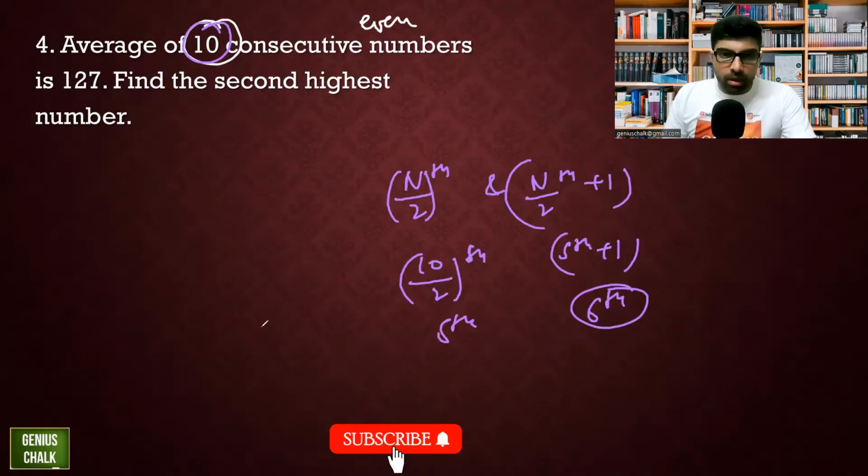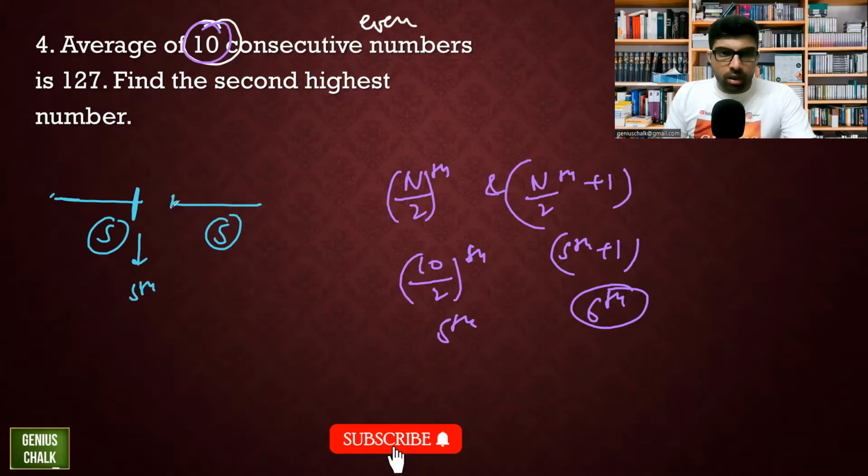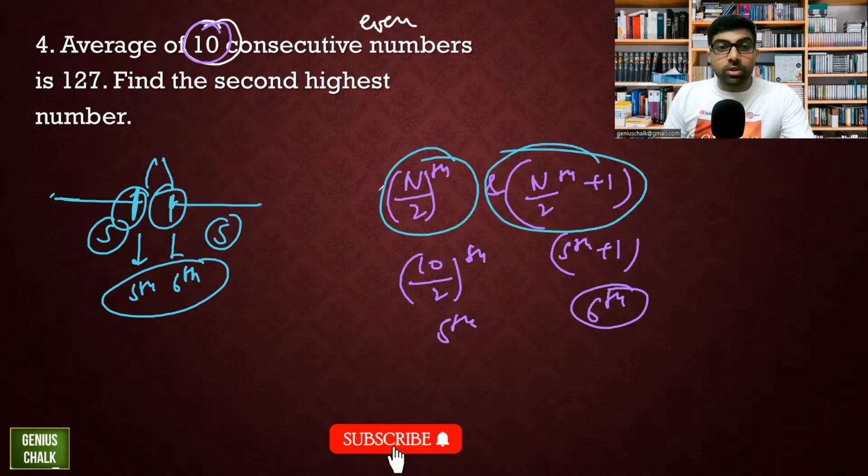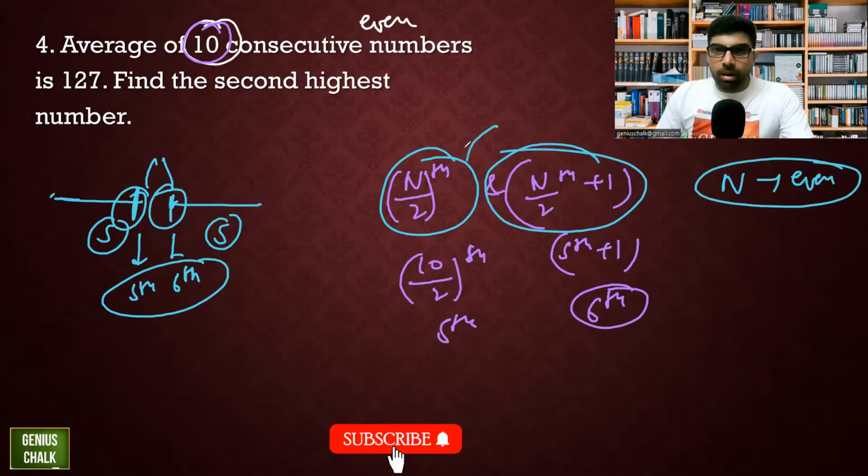And if you remember, I also showed you the same, like 1 to 5 here, 5 here. The last observation was the 5th observation. Here the first observation was the 6th observation. So the average will be here, right? That's why it is the 5th and 6th, meaning n by 2th and n by 2th plus 1. Remember, whenever n is even, the average will be in the middle of these two, right? Like this is n by 2.